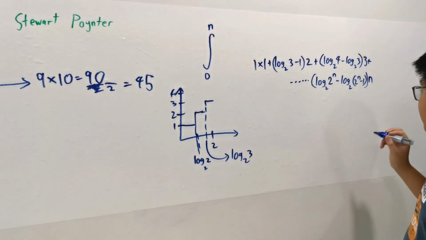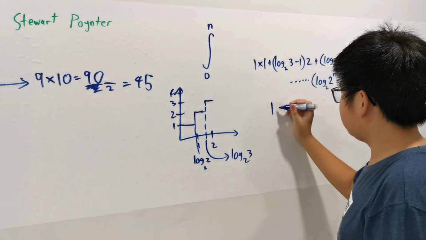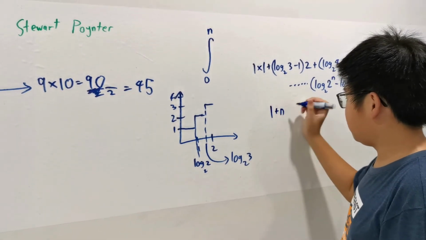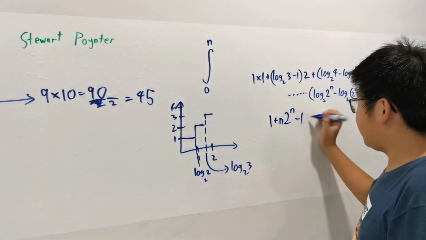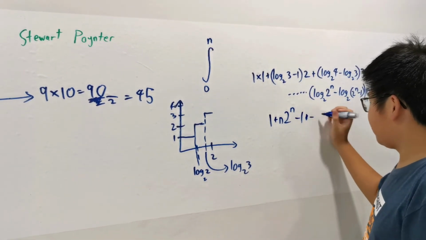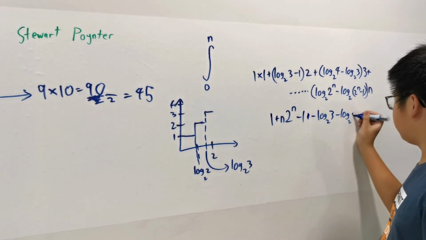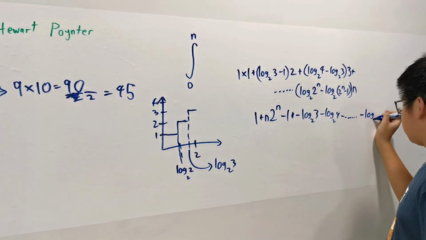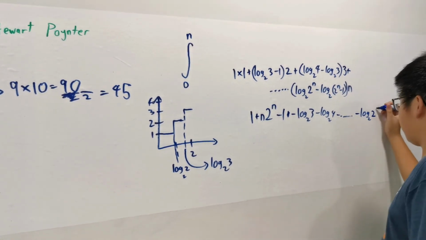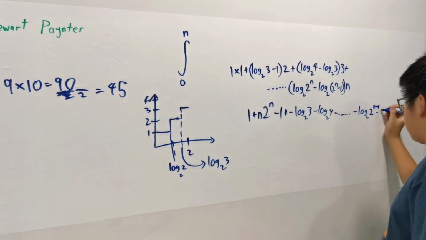Now, if you do it this way, then you will have n times 2 to the power of n minus 1, minus log 2 of 3, minus log 2 of 4, minus and so on, minus log 2 of 2 to the power of n minus 1. Actually, the minus 1 is supposed to be here.